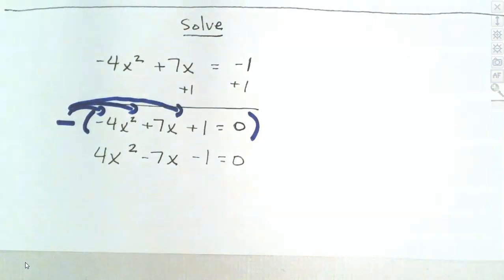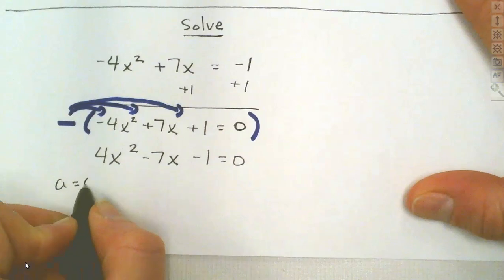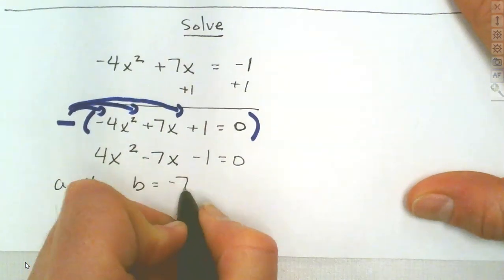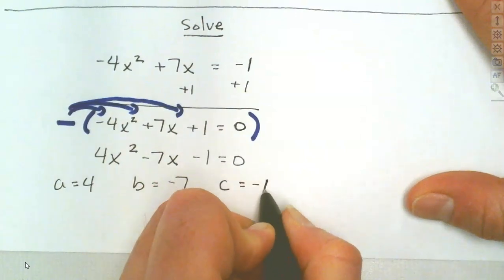So we set it to 0. We made sure that our a was positive, and now we can find our pieces. So a is 4, b is a negative 7, c is a negative 1.